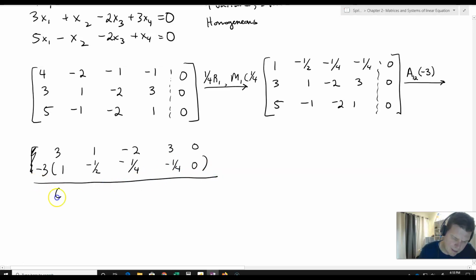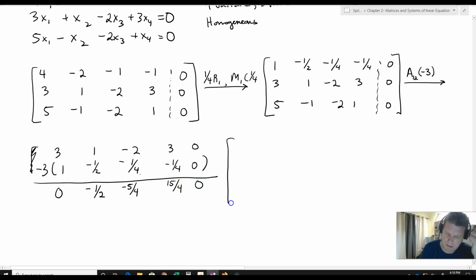Okay. So this is now 0. This one will be negative 1/2. Minus 3/4, or plus 3/4, is going to give me negative 5/4. Then 3 plus 3/4 is going to give me 15 over 4. And finally 0.